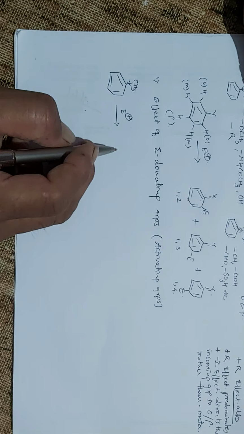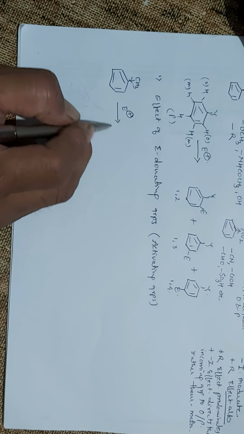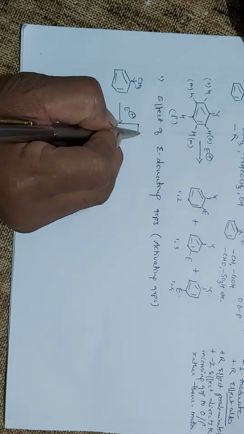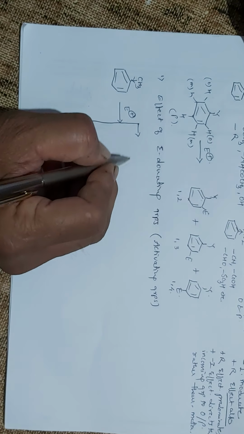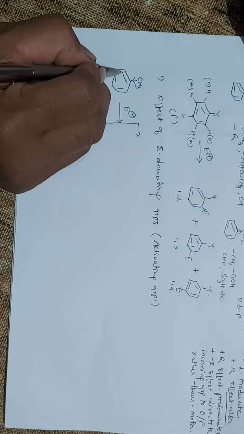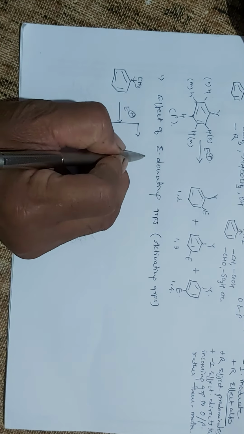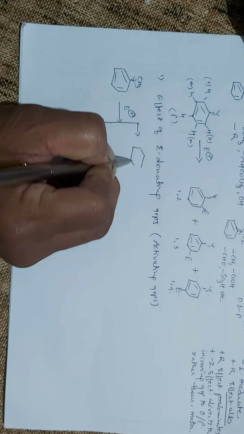And when it reacts with the electrophile, we have a possibility of getting three different types of intermediates. When the electrophile gets substituted at the ortho position, what will be the situation?